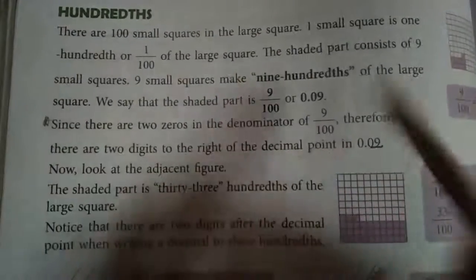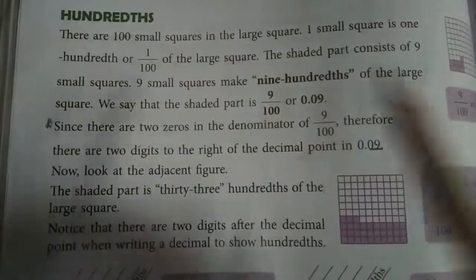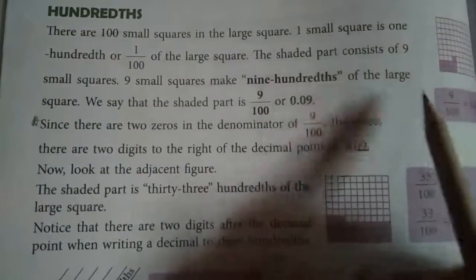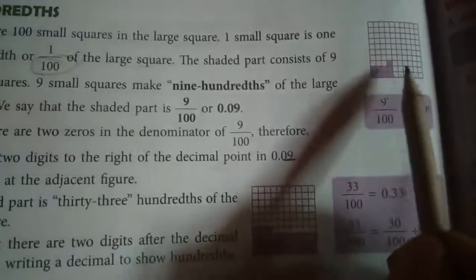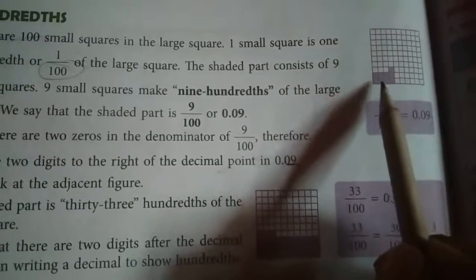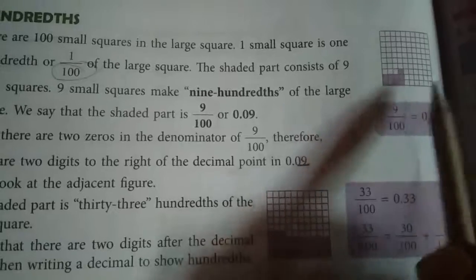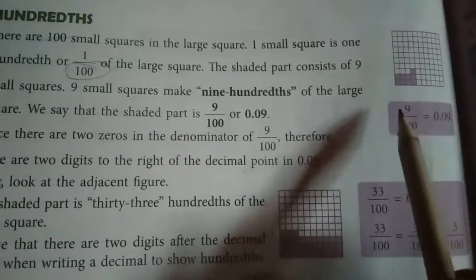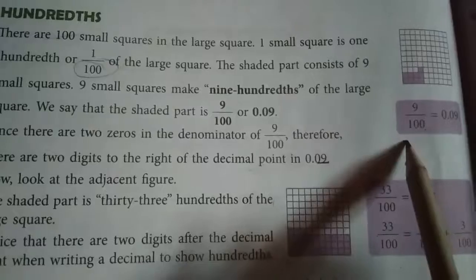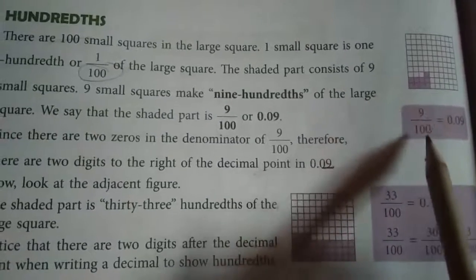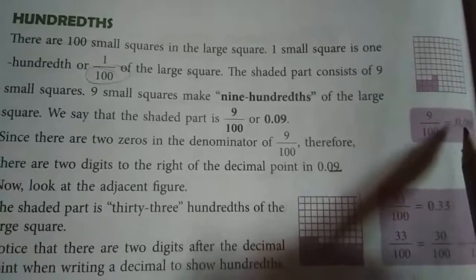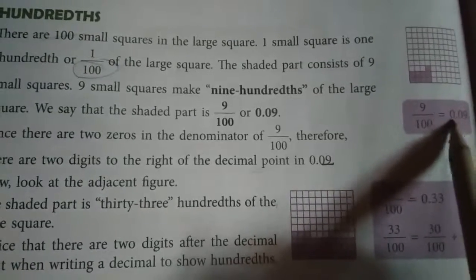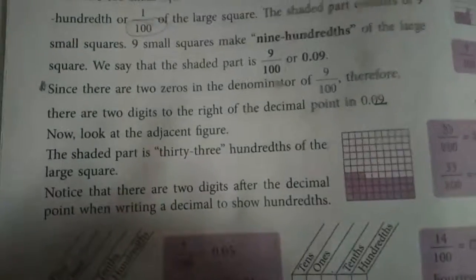Let's do hundredth. When we talk about hundredth, it means the denominator will be 100. Look here in this box. In this large box, there are 9 small boxes that are colored out of 100. So we will write it in fraction form as 9 upon 100 and we will read it as 9 hundredth. And when we write it in decimal form, we will write it as 0.09.